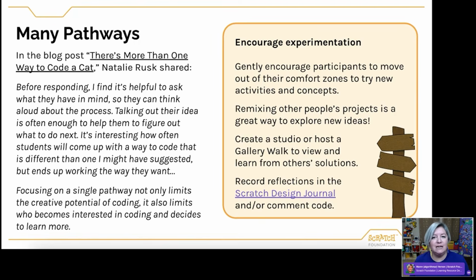Talking out their idea is often enough to help them figure out what to do next. It's interesting how often students will come up with a way to code that is different than the one I might have suggested, but ends up working the way that they want. Focusing on a single pathway not only limits the creative potential of coding, it also limits who becomes interested in coding and decides to learn more."